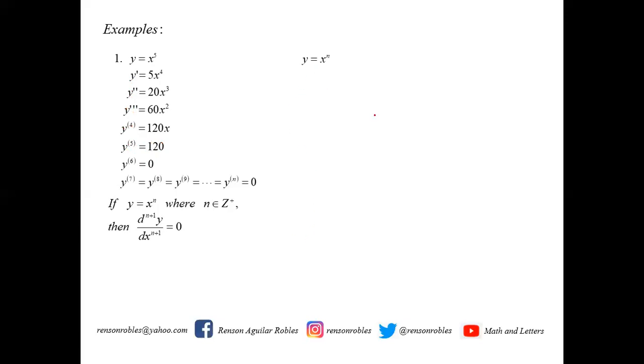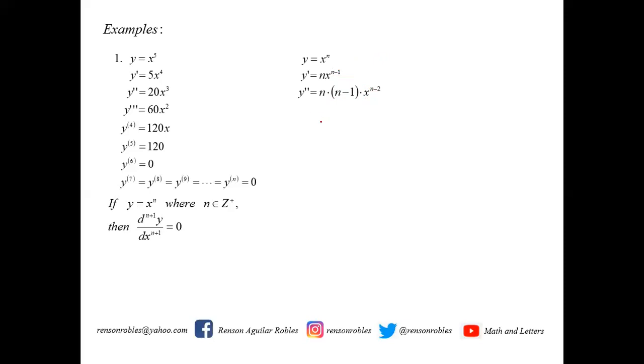If y equals x raised to n, again where n is an element of positive integers, then we have y prime equals, you bring this down, you copy x, and then you subtract 1 from n. So that is nx raised to n minus 1. Then for the second derivative, you copy n, bring this down, and then copy x, and then you subtract 1 from n minus 1, and that will give you n minus 2.